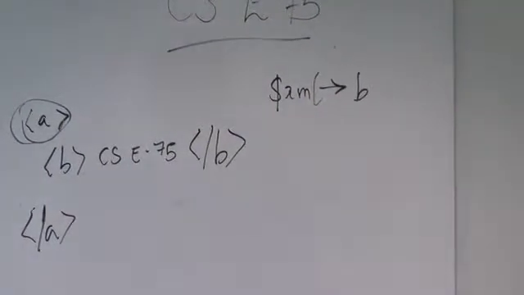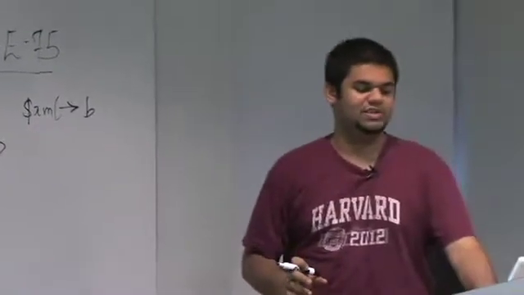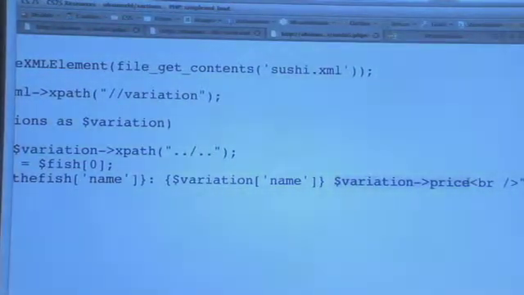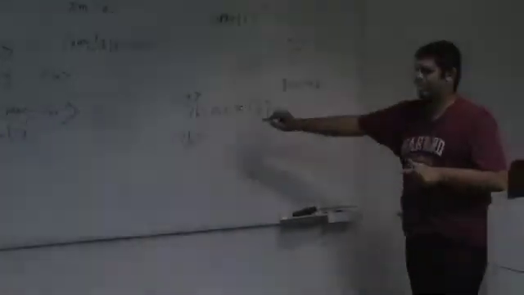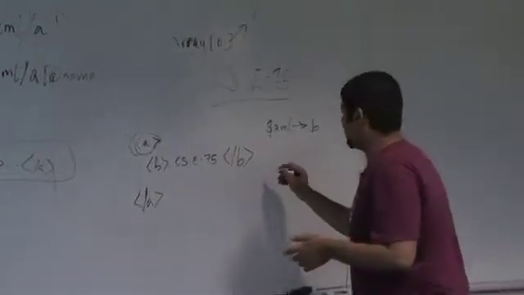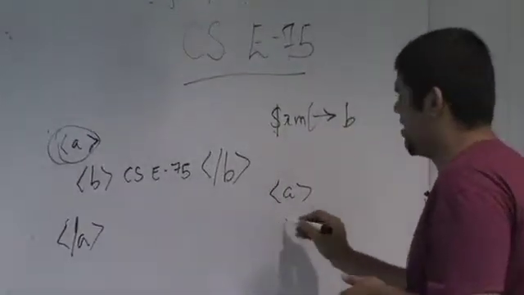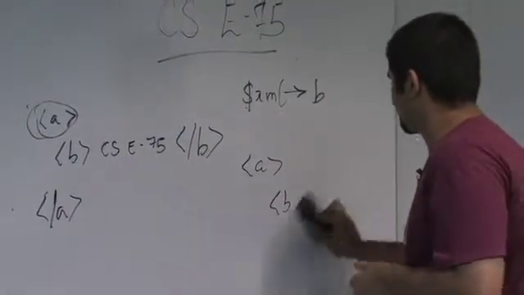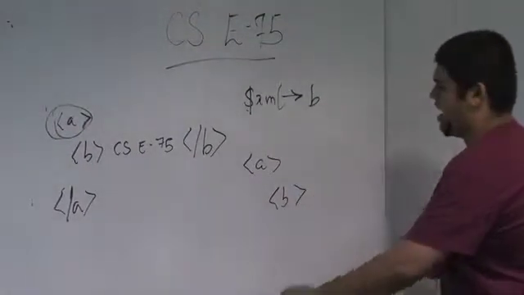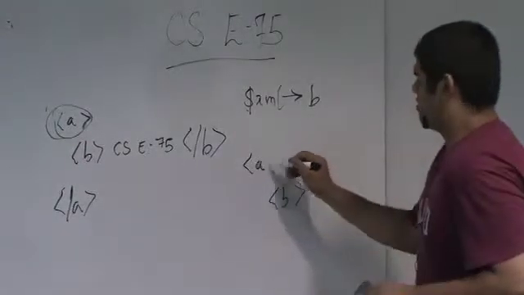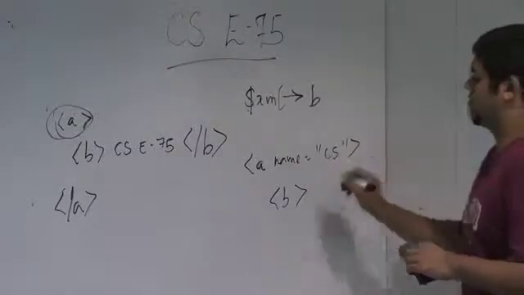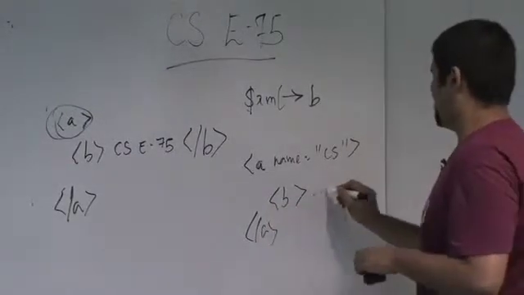Something like this, for instance, you're just saying $variation of price. So if your XML root is stored in $XML, the way you would get at this is B. Let's say you have A, B, name. Actually, let's do it with A itself so that it's easier. A, and then you're saying name equals CS, and then your B has some data.